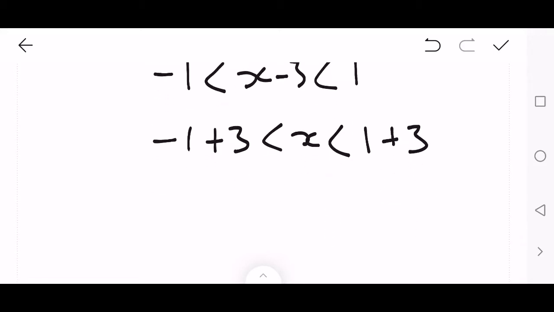So minus 1 plus 3, that's a 2, x, and 1 plus 3 is 4. So the values of x for which this sequence will converge are between minus 2 and 4.